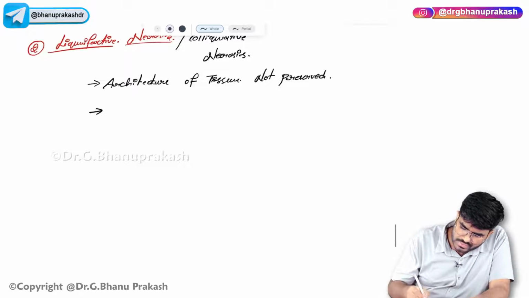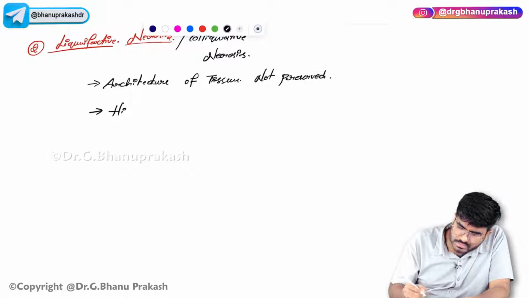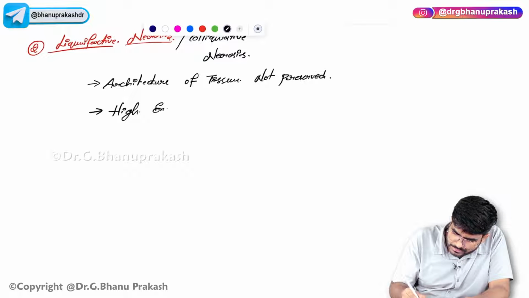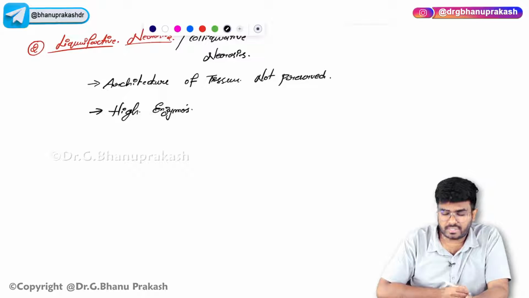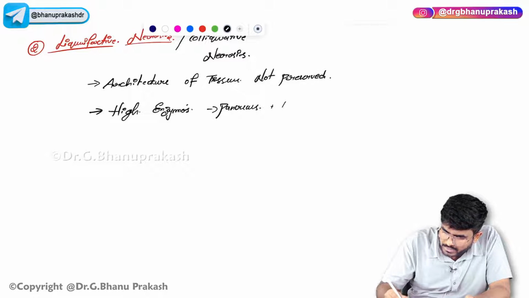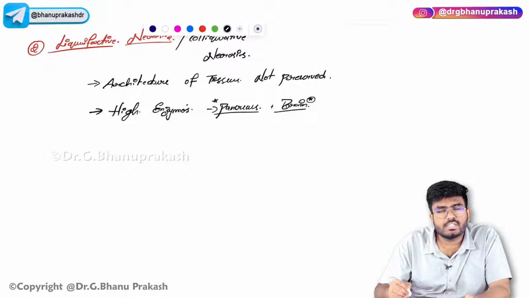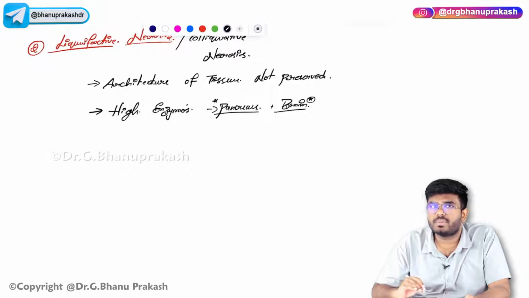But in tissues which are having high enzymatic activity, like pancreas and brain, spinal cord, high amount of enzymes are going to be there. So, after the death of these areas, the tissue architecture is not going to be preserved.